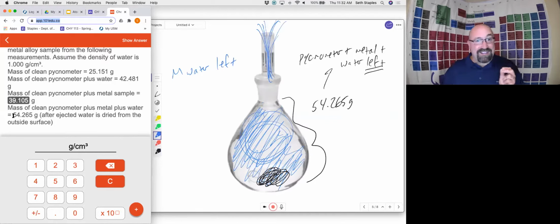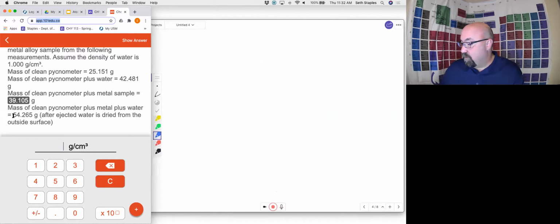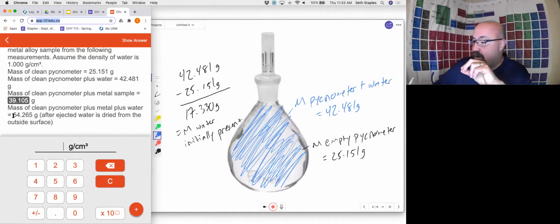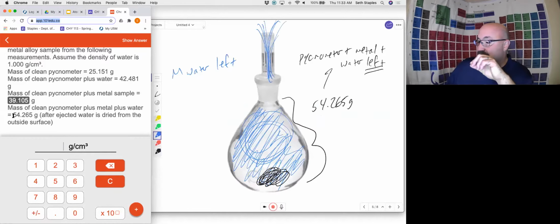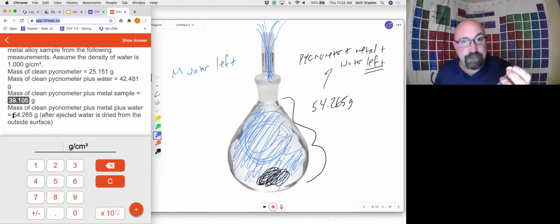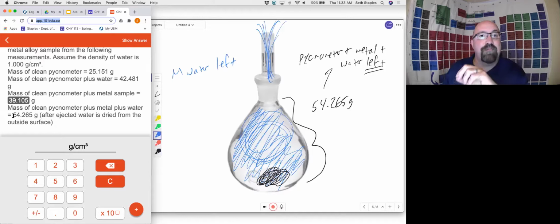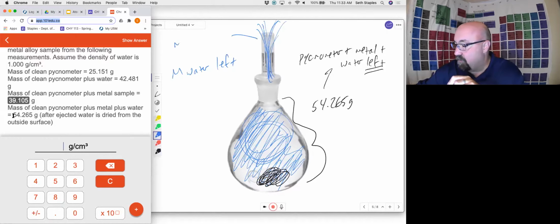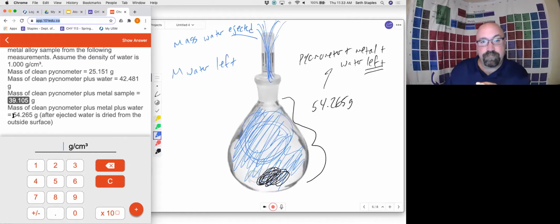Because if we subtract the mass of the water that we initially had present, so remember we found that here, we found out how much water was initially present in our pycnometer, our 17.330 grams. If we're able to find the mass of the water that's left and subtract that from the mass of the water initially present, that's going to give us the mass of the water that was ejected.